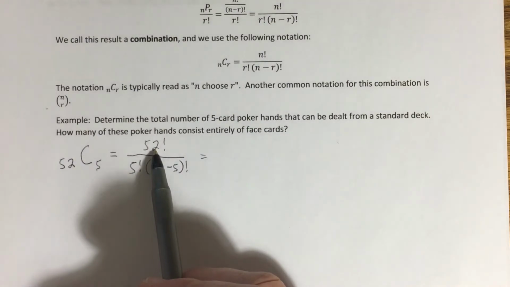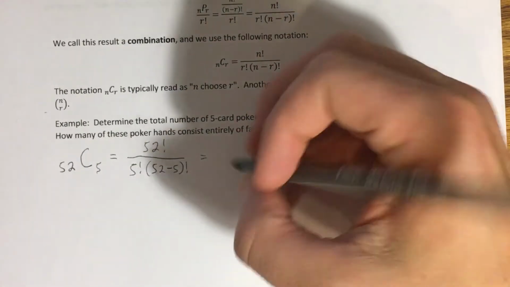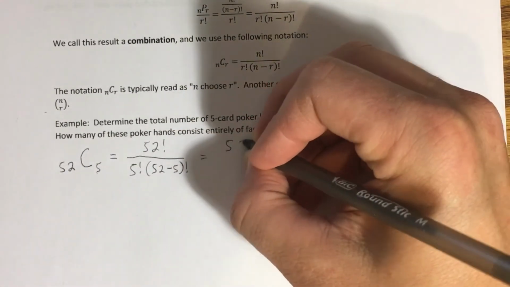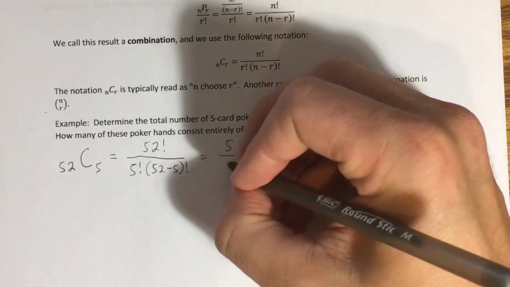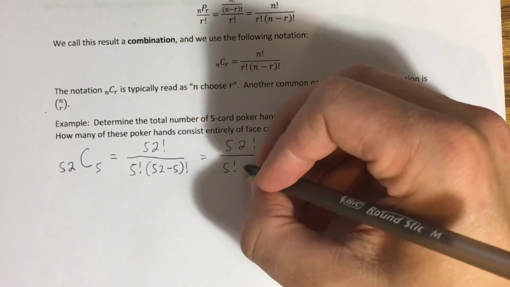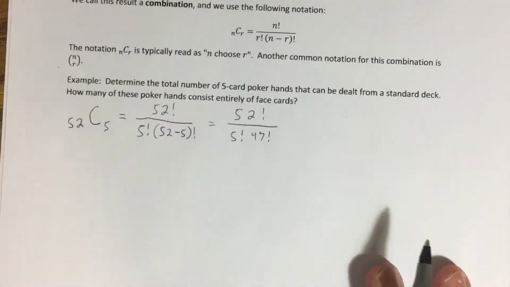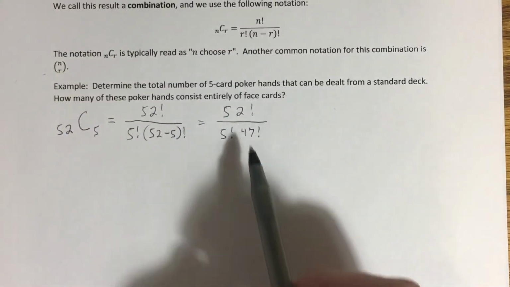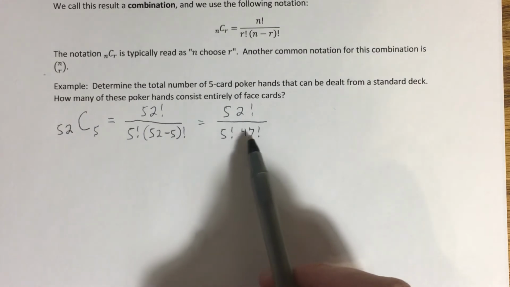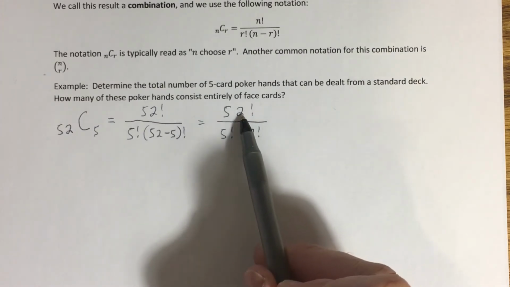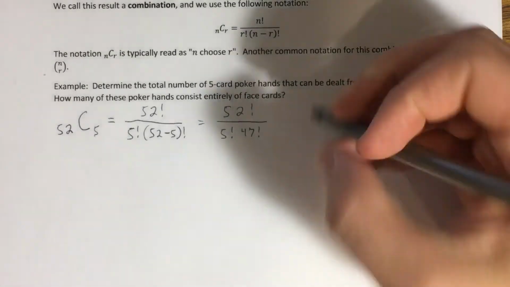It's a gigantic, gigantic number. We use cancellation instead. This is equal to 52 factorial over 5 factorial times 47 factorial. Now, in order to simplify this, the most efficient way is to find the larger of these two factorials down here and use that to cancel out a bunch of terms from up here.